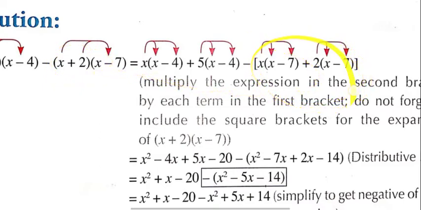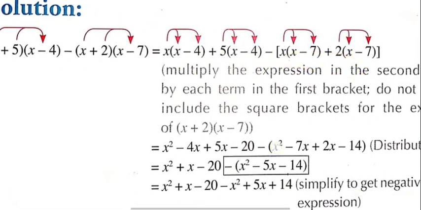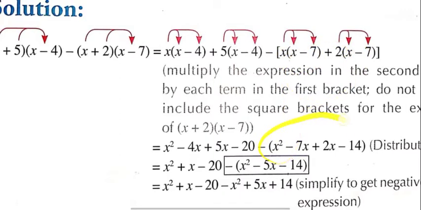You must still put them in brackets. You see there's an additional bracket, the square bracket. And then after you're done with the expansion, because the curved brackets are not needed anymore, the outside bracket, which is the square bracket, you can transform it to a curved bracket because there's no curved bracket inside anymore.